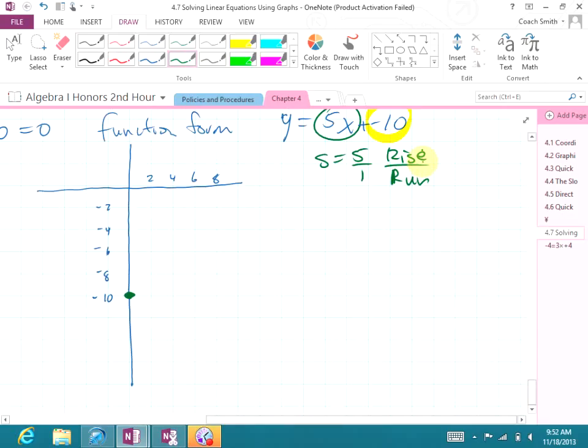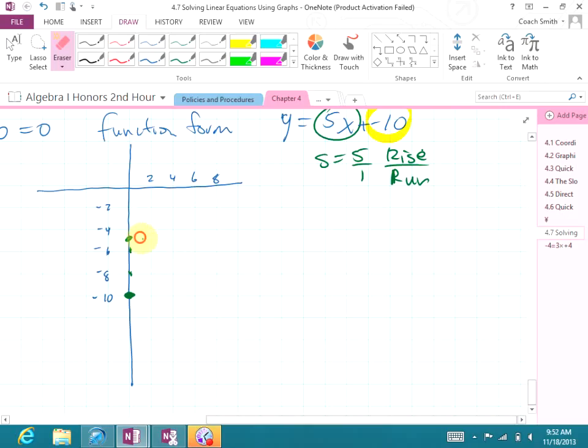So that means I'm going to go, and it's a positive slope, so I'm going to go up 1, 2, whoops, hang on here. I go up 5, so that's going to be 2, 4, 5, and I'm going to go over 1. Okay, which puts us right there. Oh, that is 2, my bad, thank you.